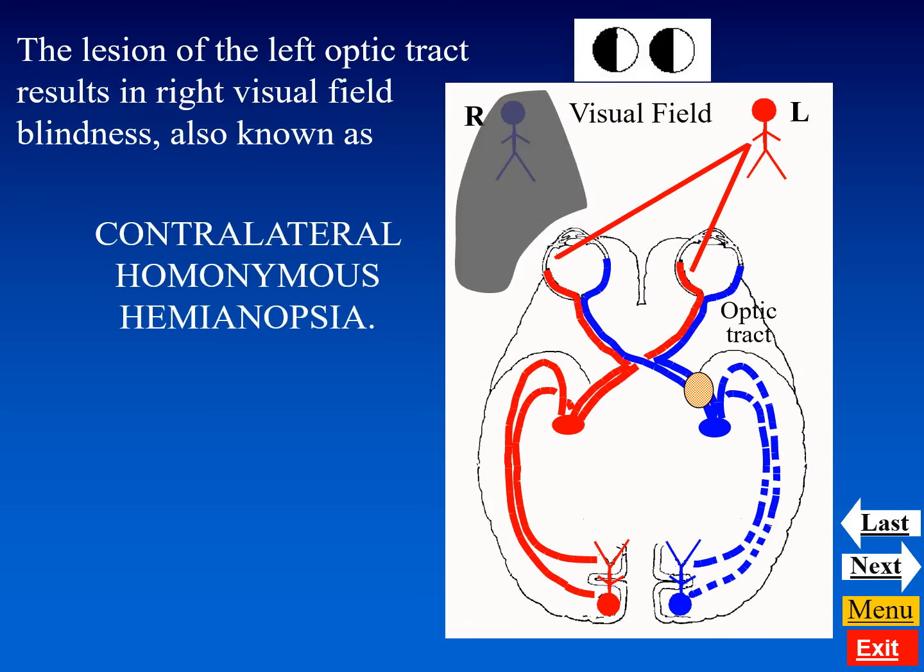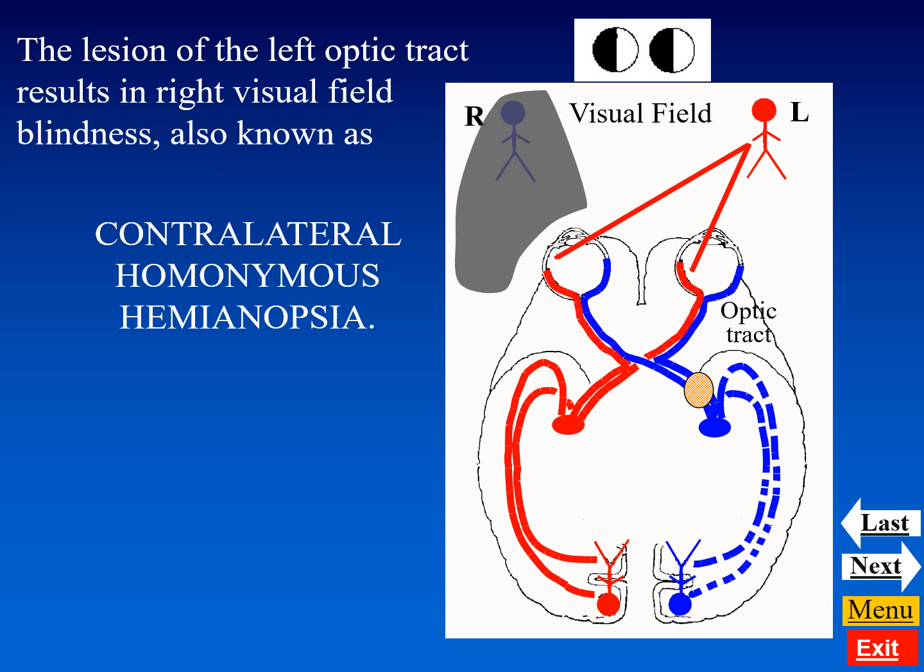The consequence of this lesion of the left optic tract is that since it's receiving input from the temporal retina of the left eye and the nasal retina of the right eye, those two portions of the retinae of the two eyes are receiving visual input from the right visual field.